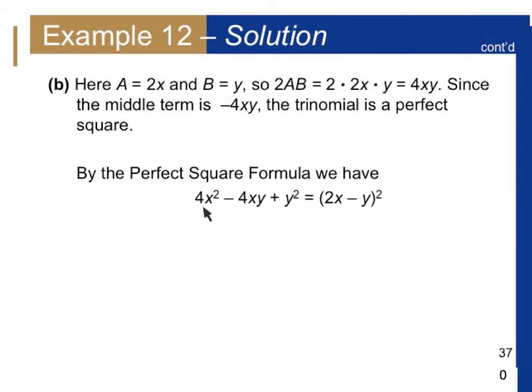And another way to look at this is like this. If you set your y equal to 1, you have 4x squared minus 4x plus 1, right? And we can factor that as 2x minus 1 squared.